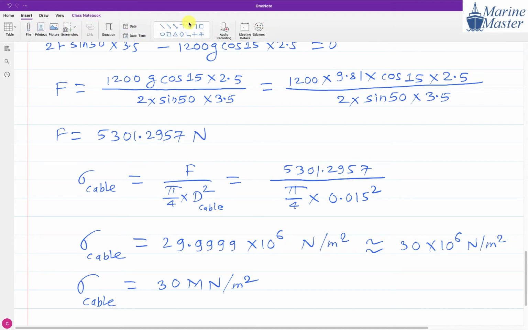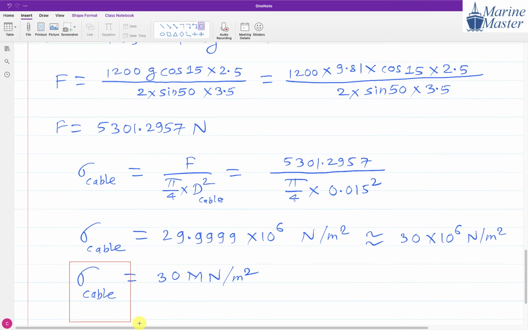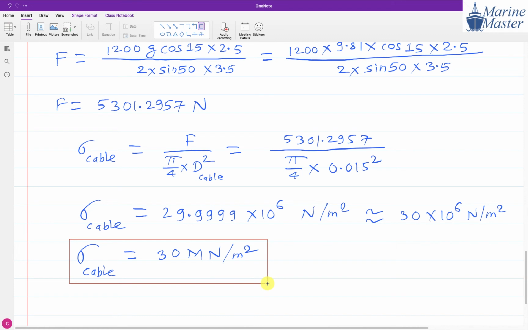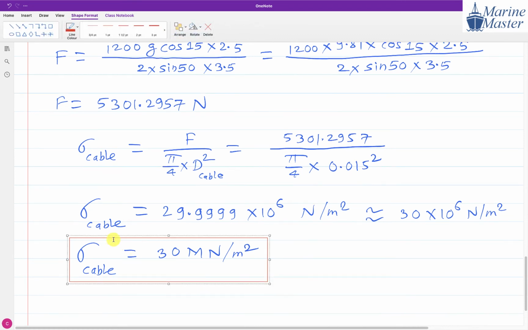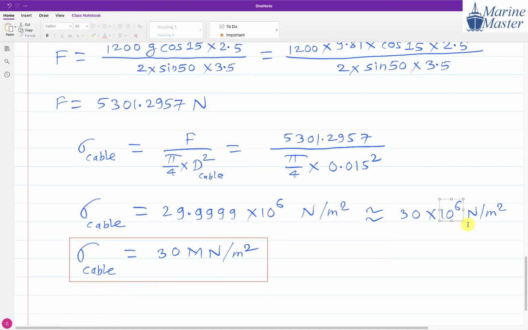That's why we have written 30 mega Newton per meter square.